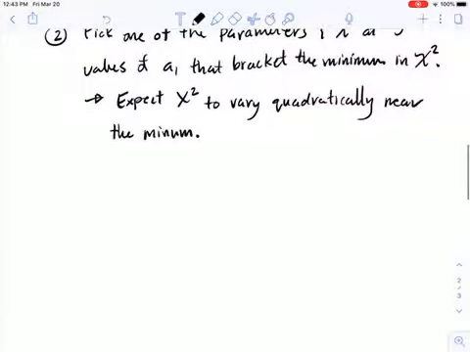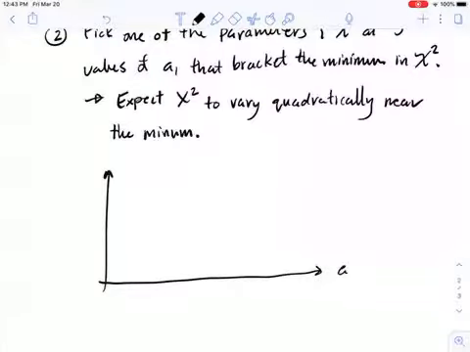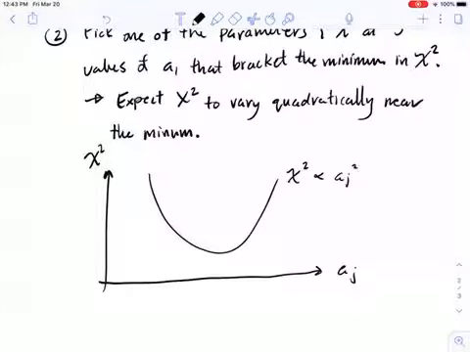Okay, so what we could do is we could set up a plot that looks something like this. And so say this is your jth parameter and this is your chi-squared axis. What you want is to get in a region where chi-squared looks quadratic. So here chi-squared is going to be proportional to aj squared.